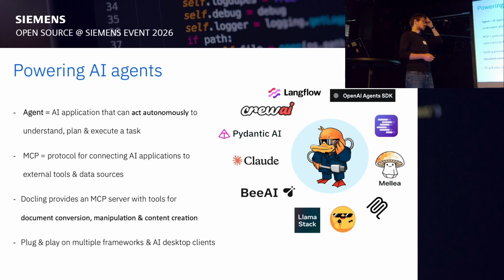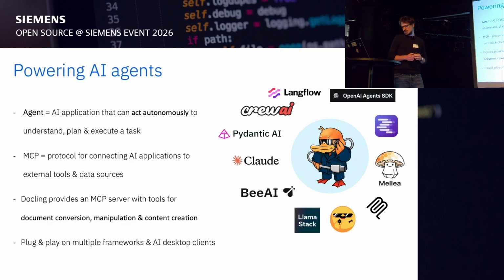And you also see many different logos here, from Crew AI to Langflow. These are different places where Docling capabilities are already integrated. So for example, in Langflow, I believe the advanced document parser that the UI supports is directly Docling.